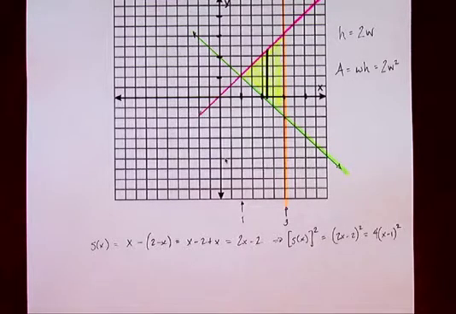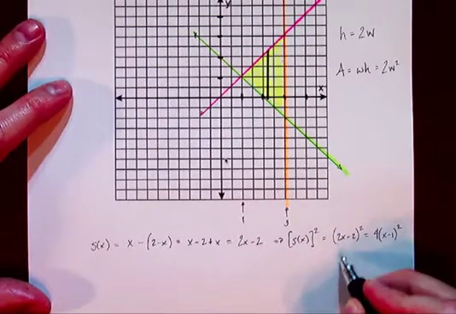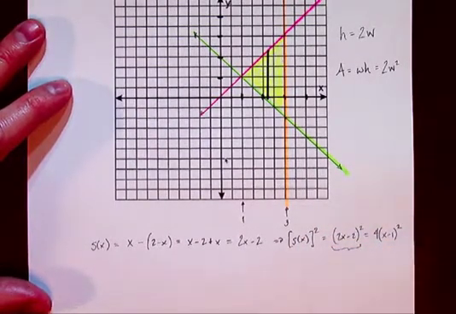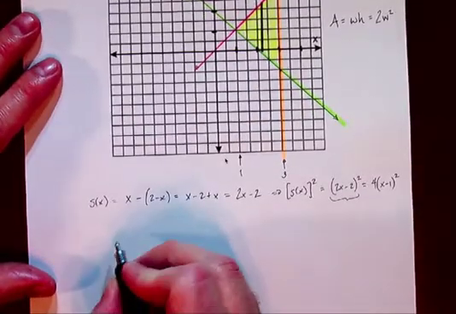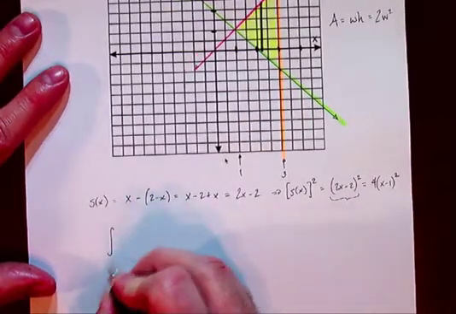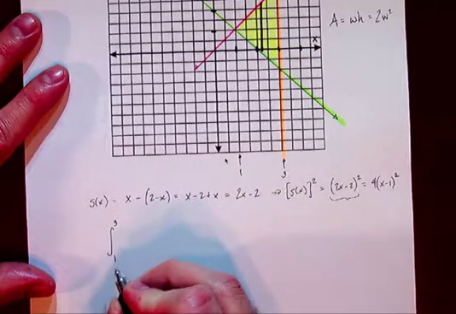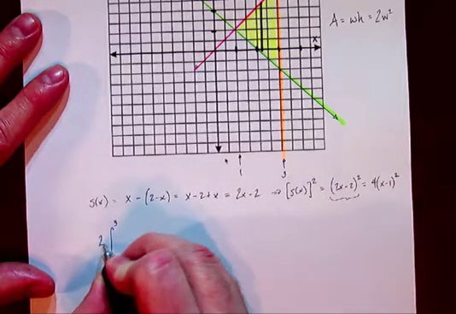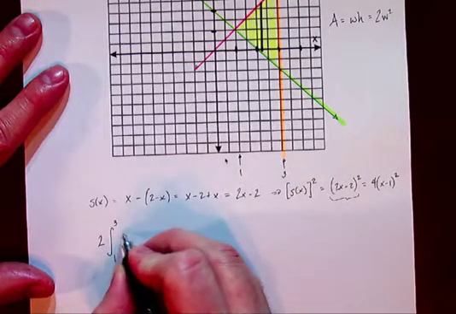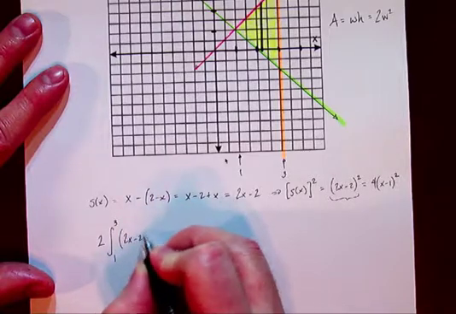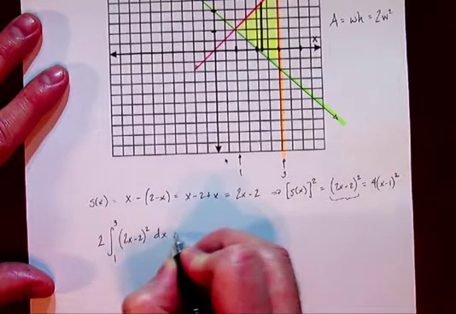Let's go ahead, and if this right here is my s of x squared, I can set up my integral. I'm going to go from 1 to 3. I know that my constant is 2. I know that I have 2x minus 2 squared dx.